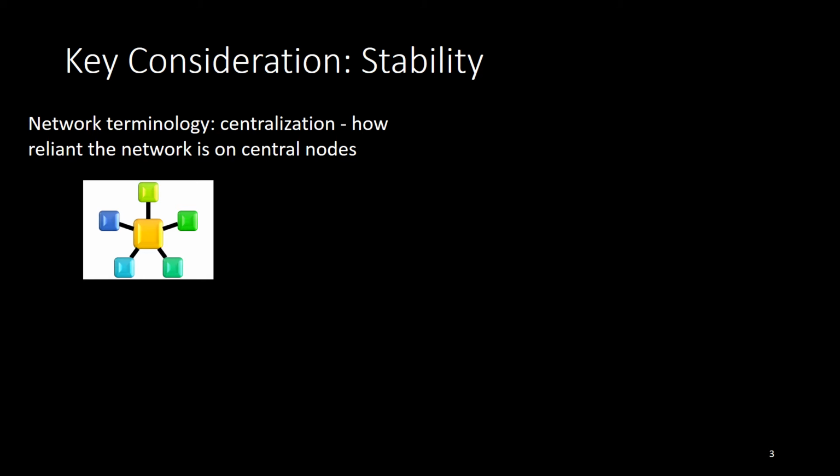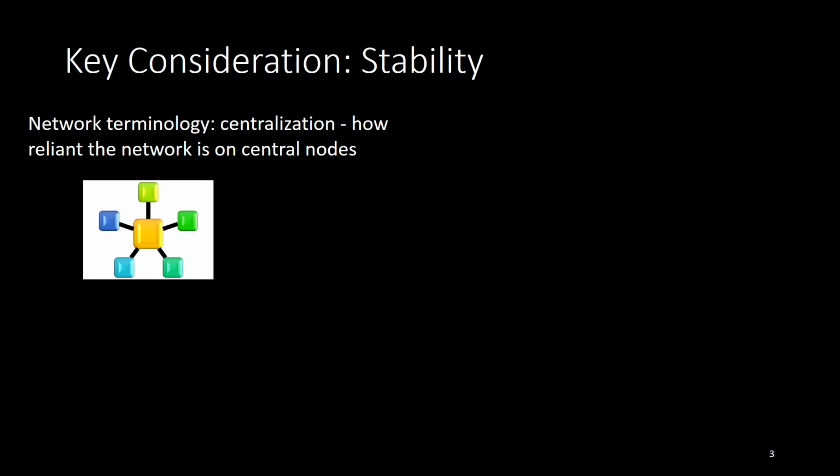Such a structure offers a great deal of stability. Squares can be added or removed without impacting the structure, with the exception of the yellow square. The network is 100% reliant on that yellow square connecting the network.